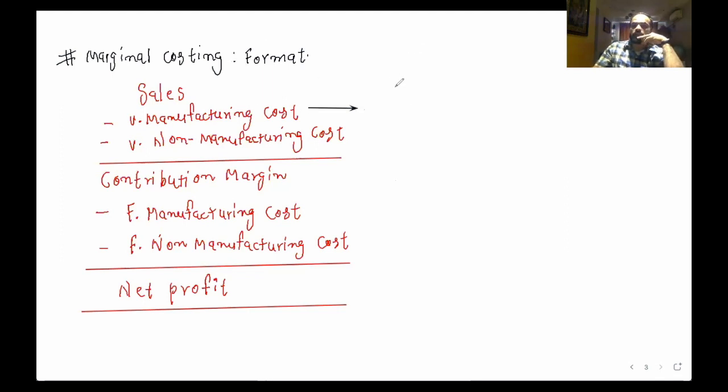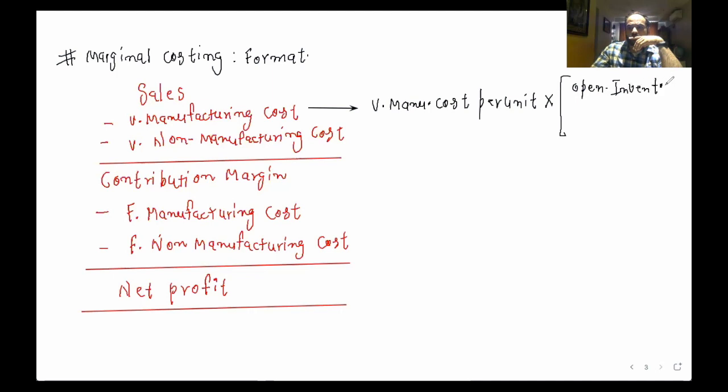The formula for variable manufacturing cost is variable manufacturing cost per unit multiplied by cost of goods sold units, which is the same: opening inventory plus production minus closing inventory.